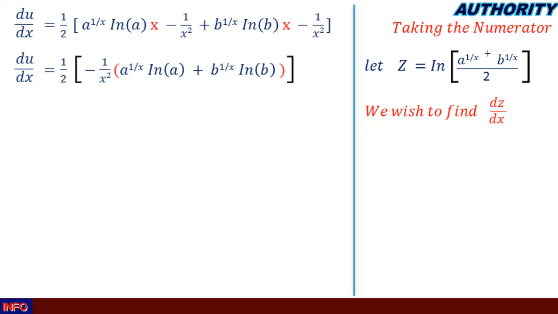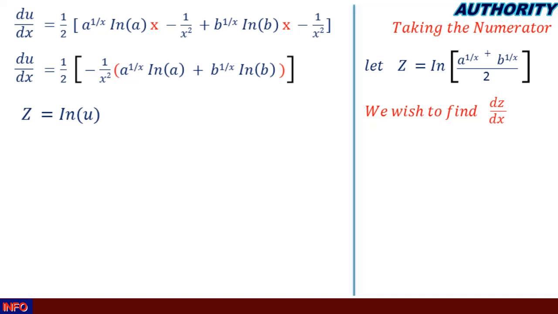Then we apply the chain rule. Let the content in this bracket be called the letter u, and then we differentiate this u with respect to x, and this is what we have now.